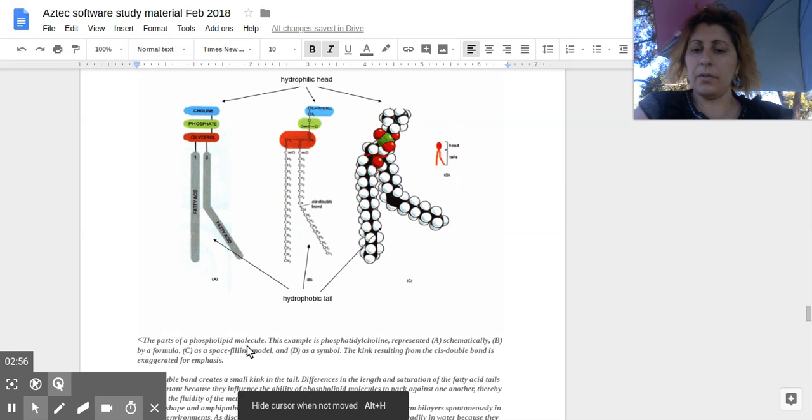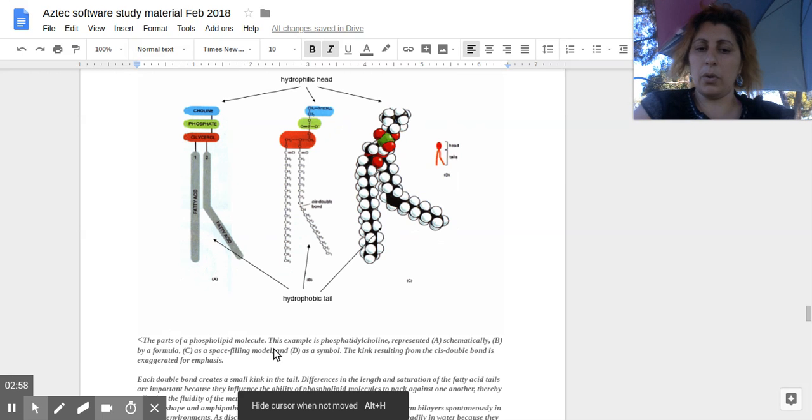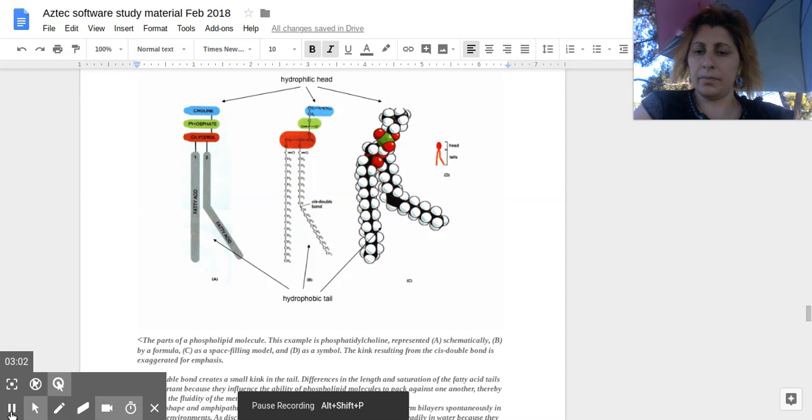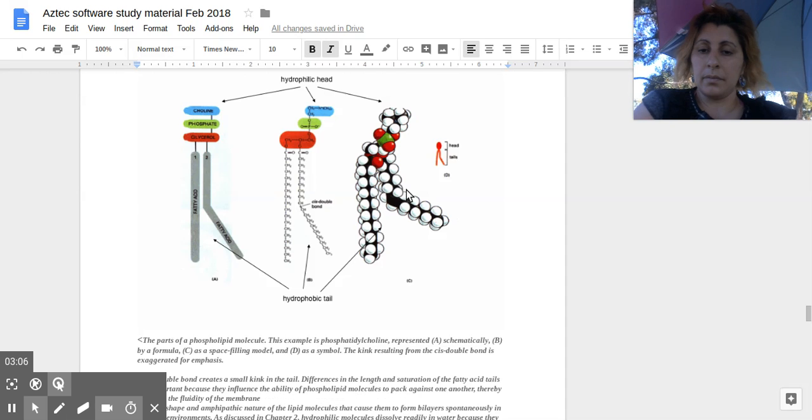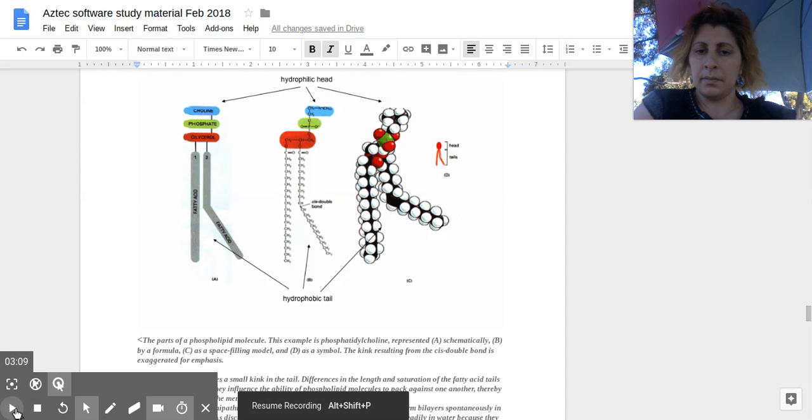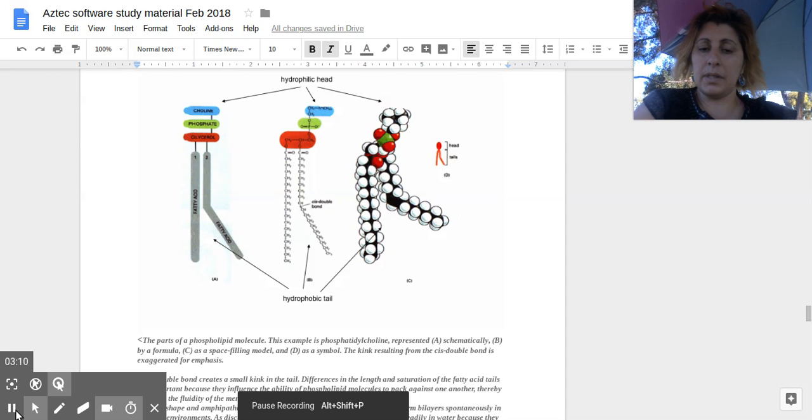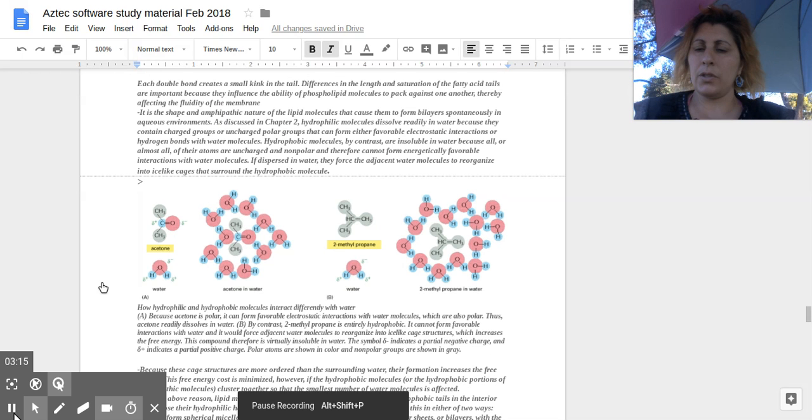An example of a phospholipid molecule is phosphatidylcholine, schematically shown here, and the space filling model. The kink results from the cis double bond. So each double bond creates a kink in the tail.